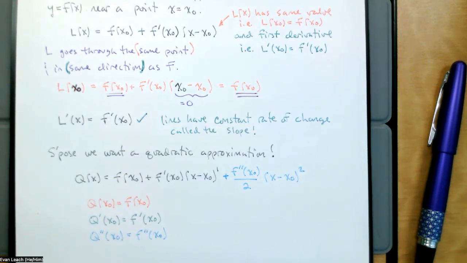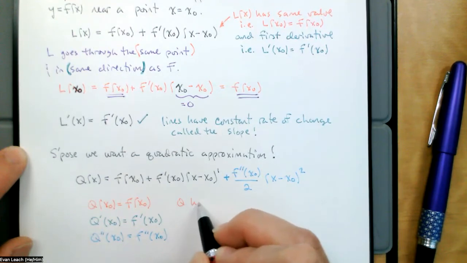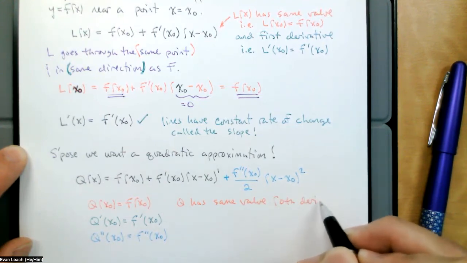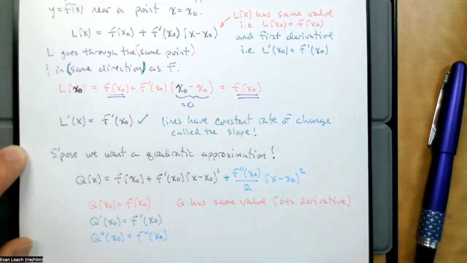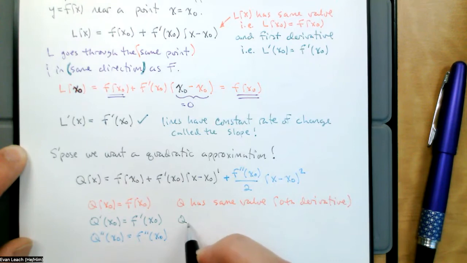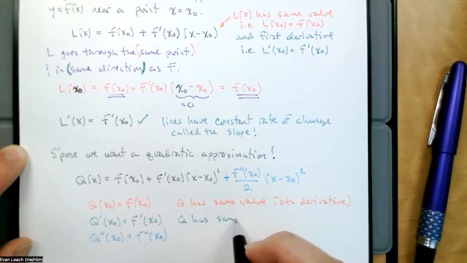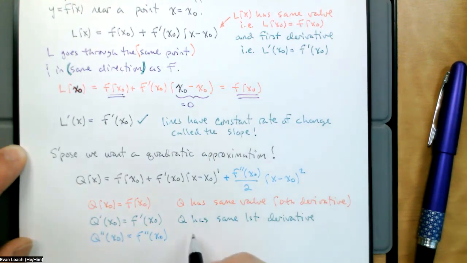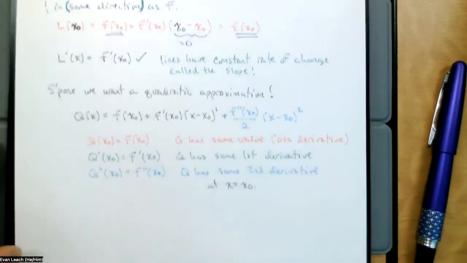So q of x has the same value, same first derivative, and same second derivative. This is all happening at x equals x naught.